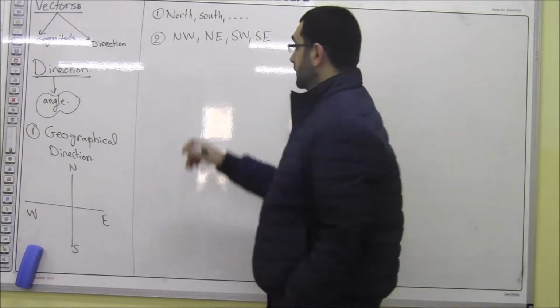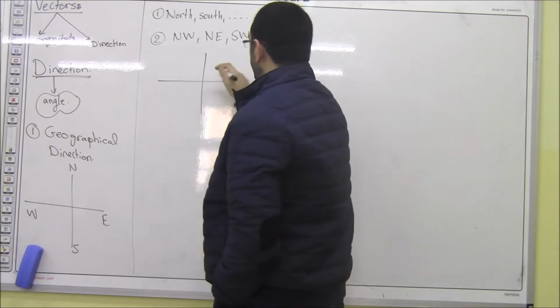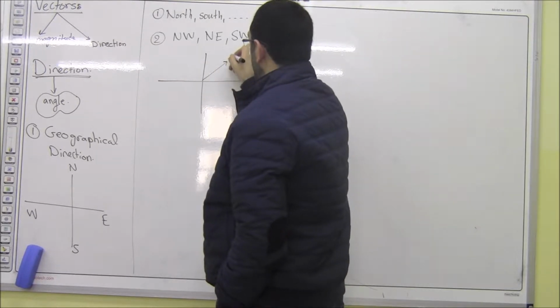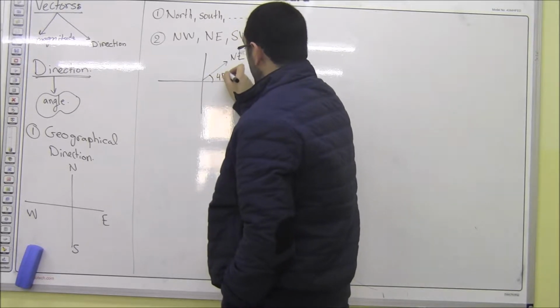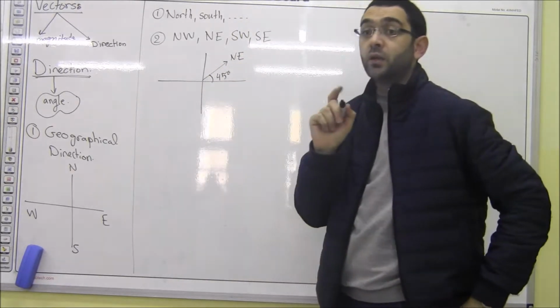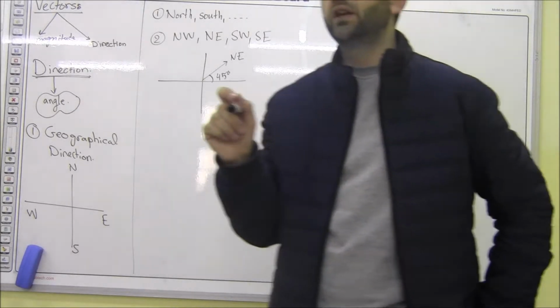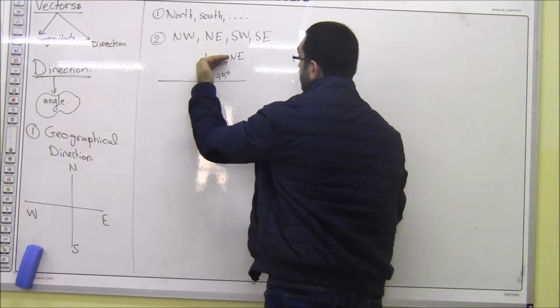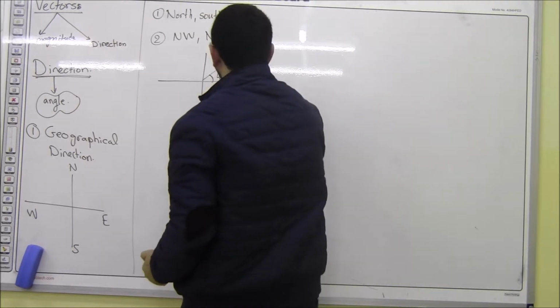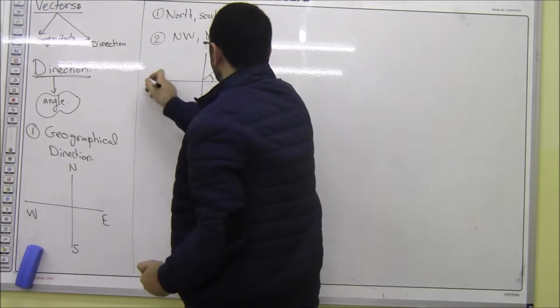What does this mean? Look here, guys. This is north, east. This angle is 45. Be careful. When I say northeast, the vector lies exactly between north and east. How do we know it's 45?